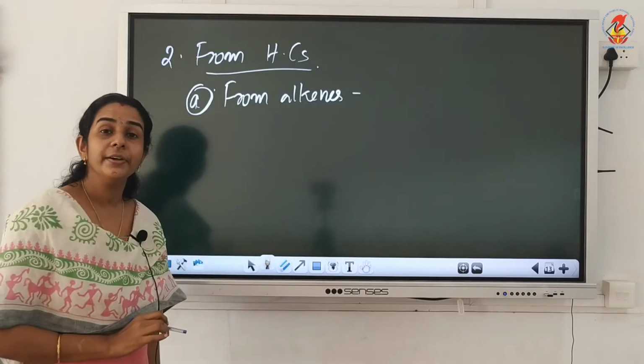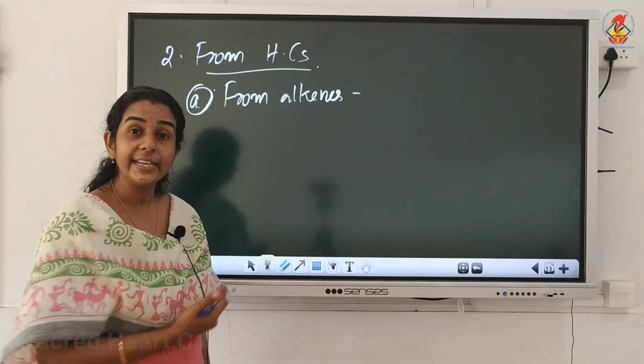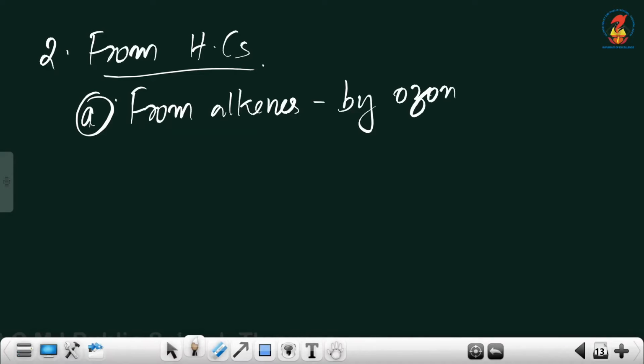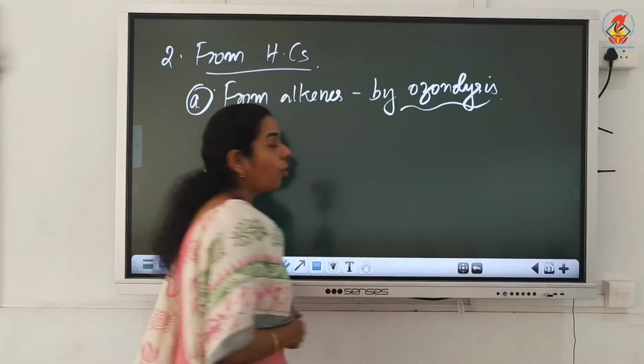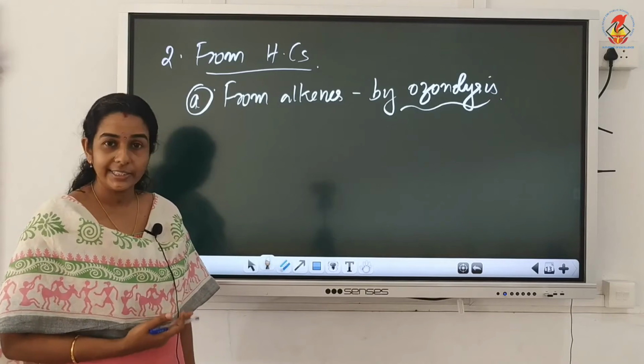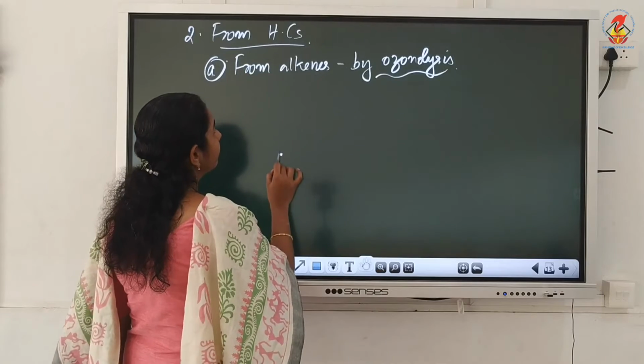How can we prepare aldehydes and ketones from alkenes? The method is known as ozonolysis. We have already studied this ozonolysis in class 11, but it is the same topic we have this year also.